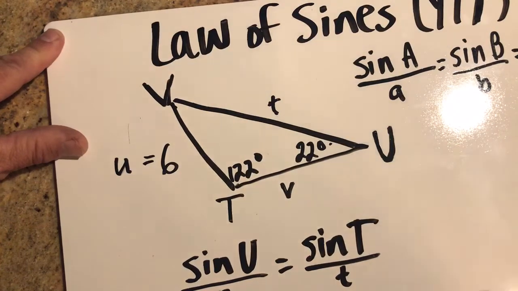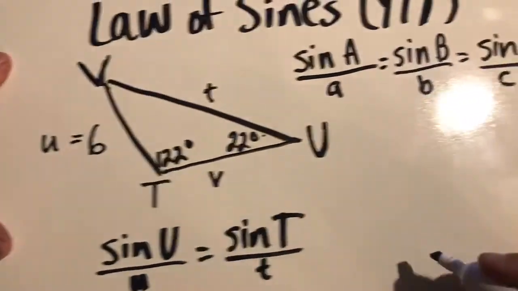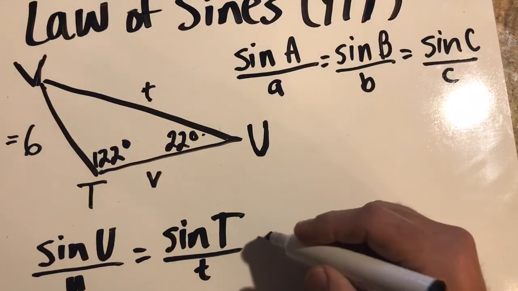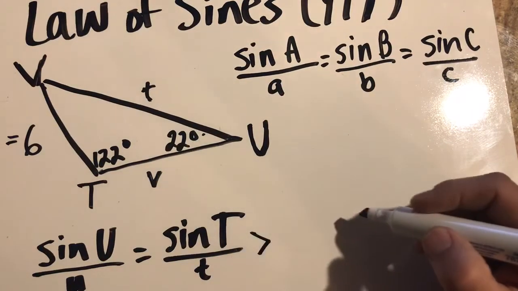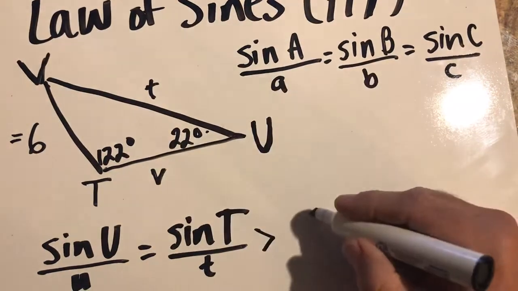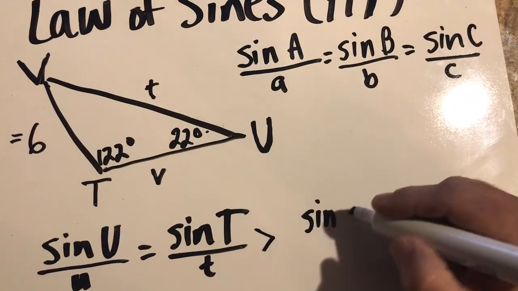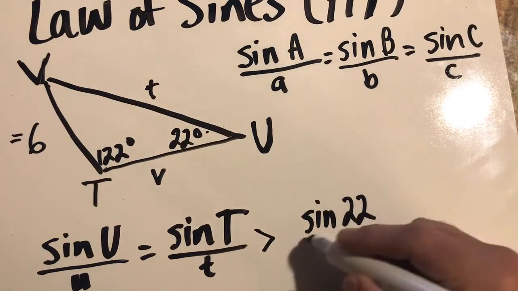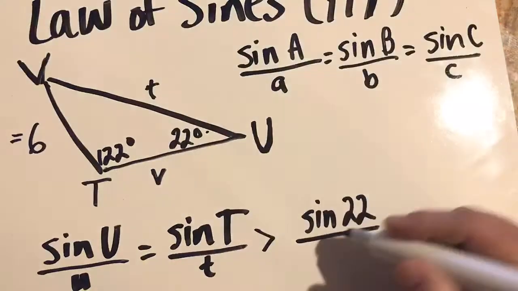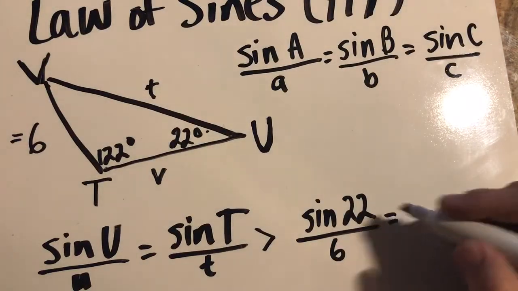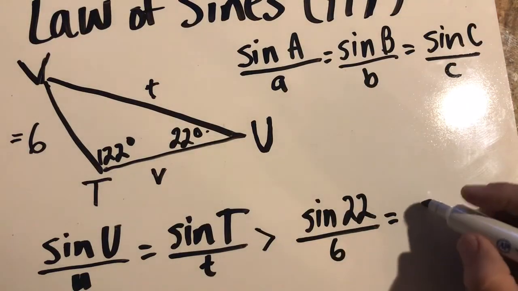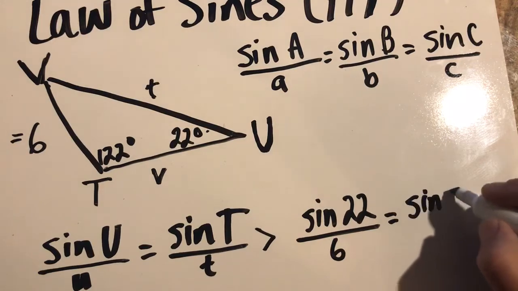And now we can plug in our numbers. So go over here, sine of u. So we're going to replace the u with 22 degrees, and the opposite side, little u, is 6. And then sine of t, we're going to replace the t with 122.